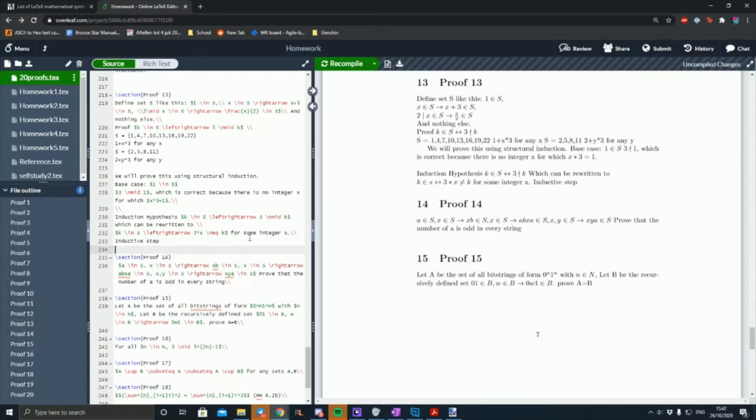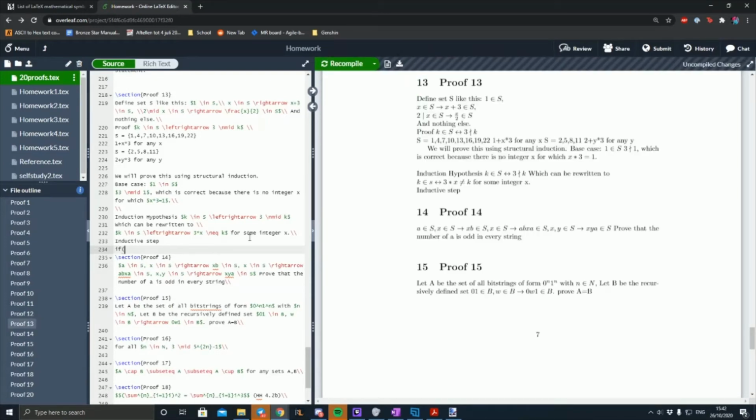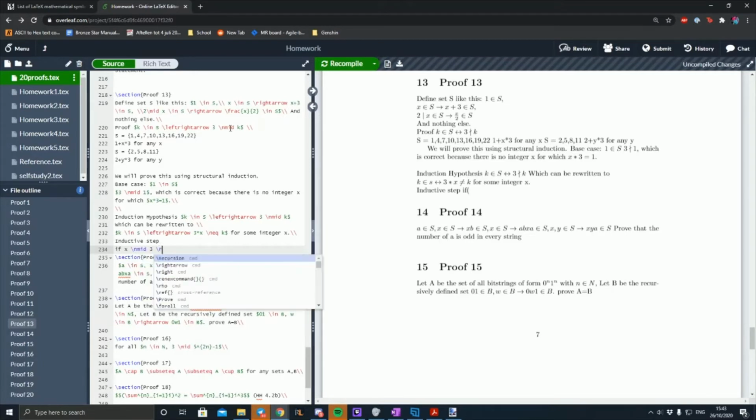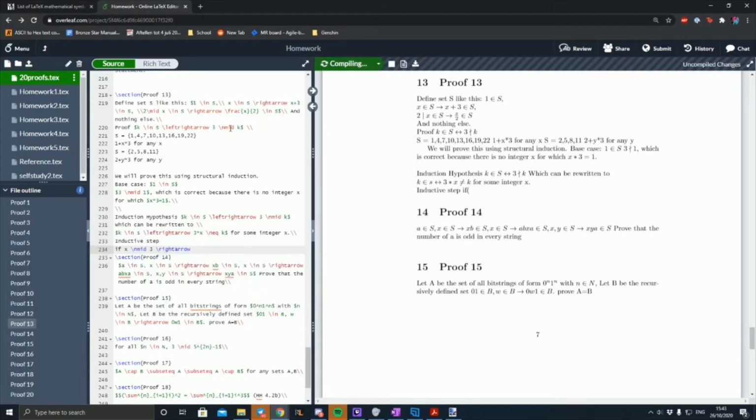The inductive step is that if x does not divide 3, then x plus 3 does not divide 3.